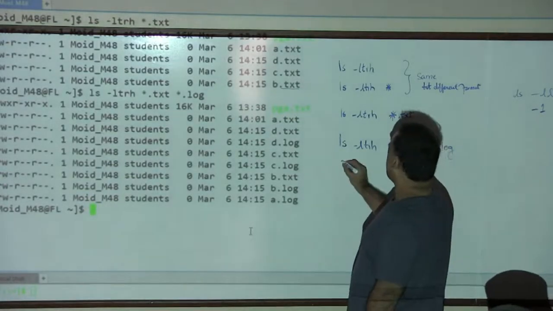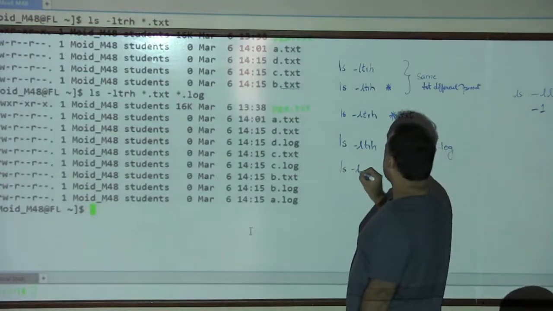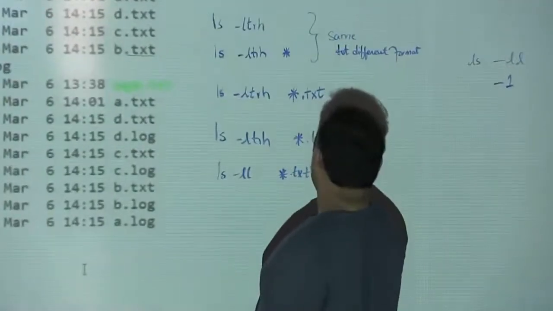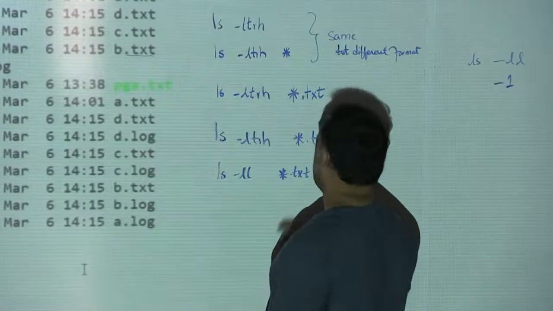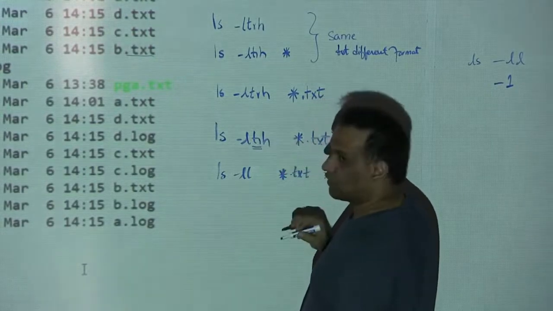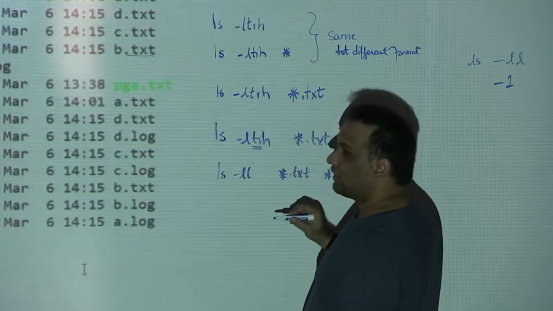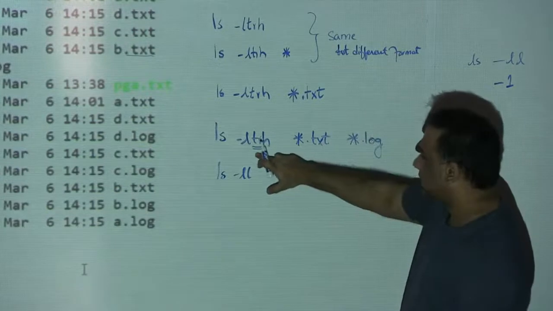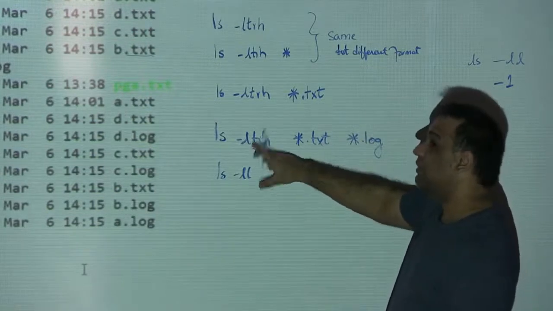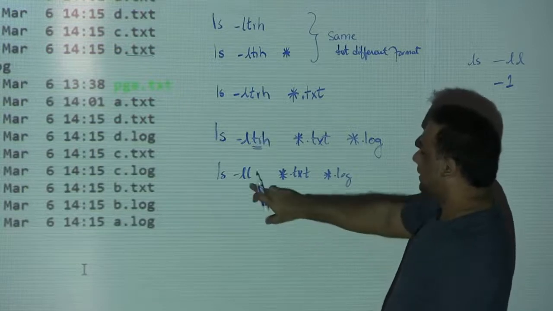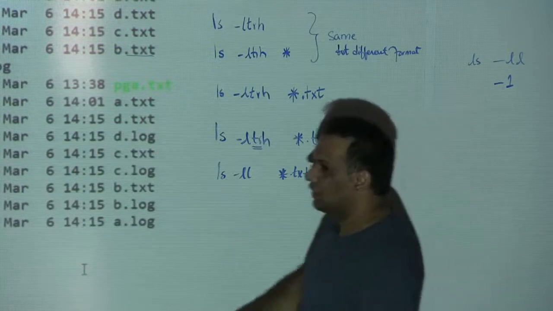But maybe what I can do now is say ls -ll, same thing, .txt, and then .log. Remember, the focus here is timestamp in reverse order. So whichever file was created first, it is showing me that file, but there is no order. Because here I am saying with the timestamp in reverse order. Here I am saying, no, don't worry about the timestamp, just show me everything in vertical order.